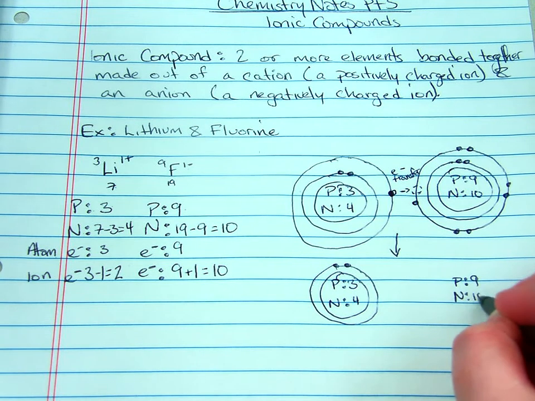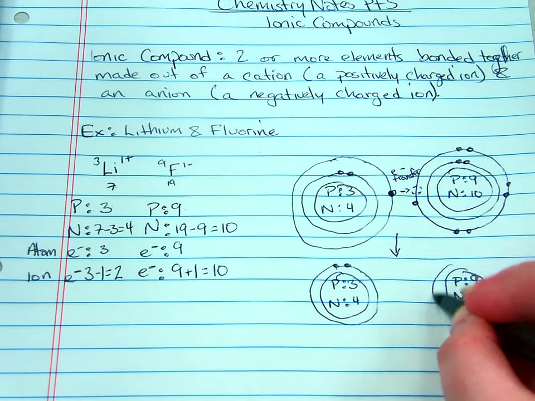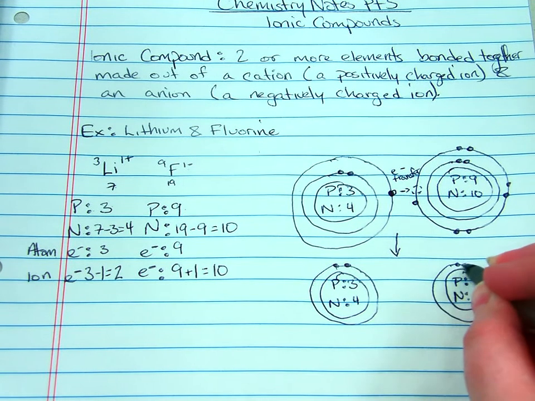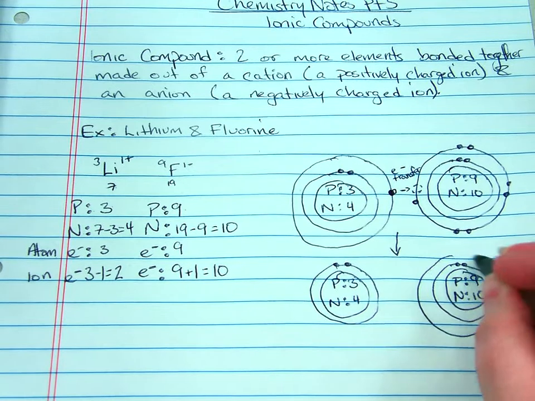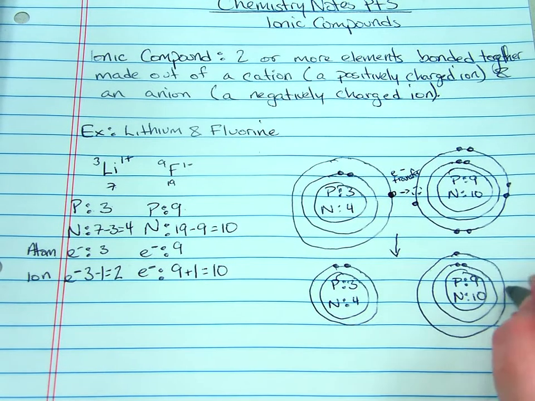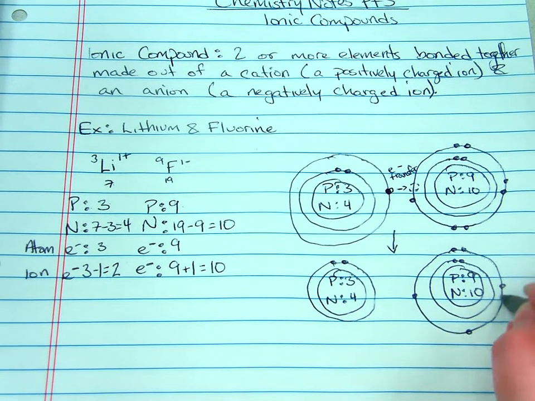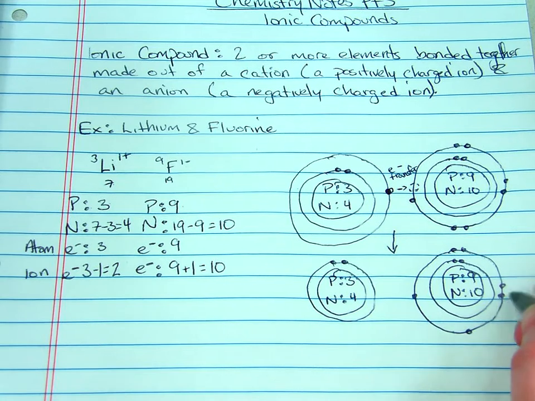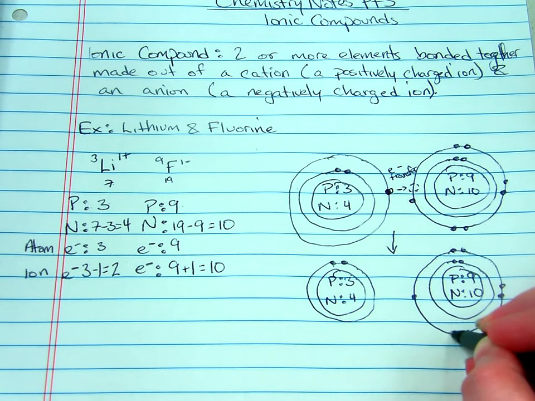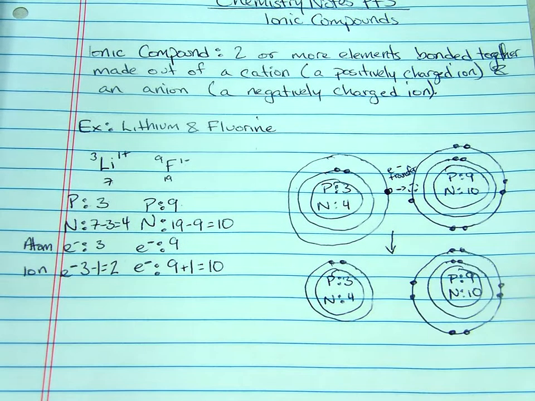So 9, 10, wrapped in the nucleus. First shell has 2. Second shell goes 1, 2, 3, 4, 5, 6, 7, 8.